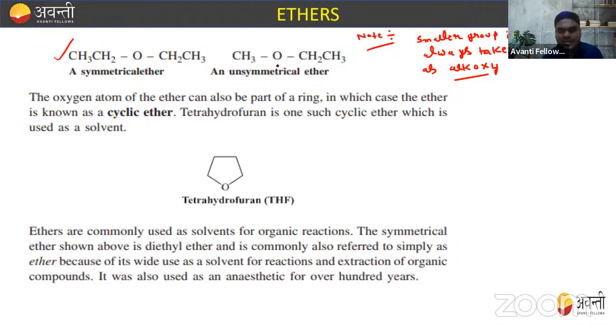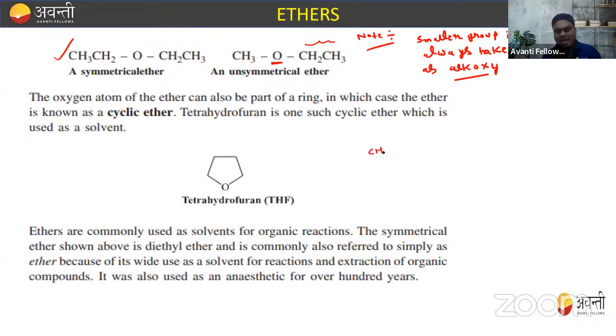For example, on either side of oxygen, we have a smaller group with only one carbon here and a two-carbon group here. So always take the smaller group as alkoxy. So we name it methoxyethane, right?